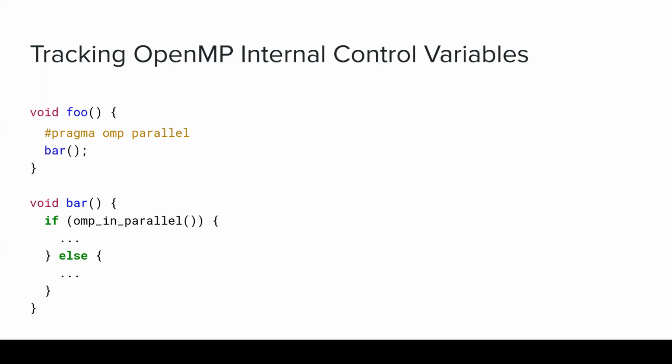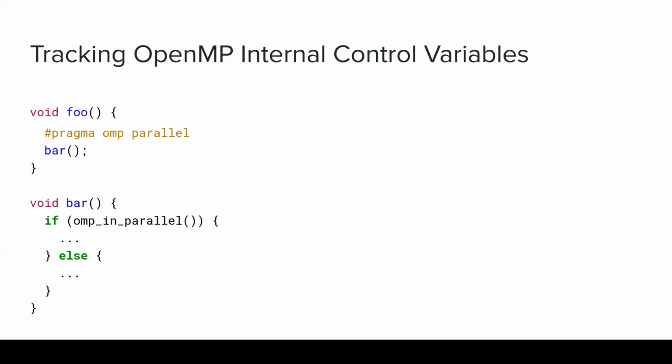And this is already built into OpenMPOpt in LLVM, where if you have runtime calls, we can potentially predict their result, even if we don't deduplicate them, but we can just predict the result and replace them with the result instead. So if you look at this example, you have a parallel region and you call bar.